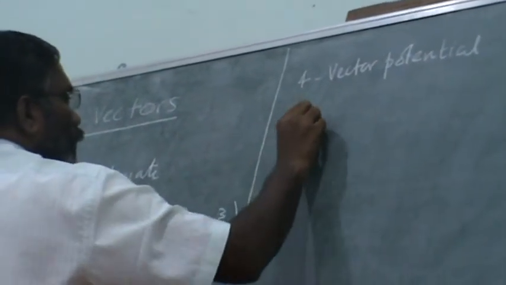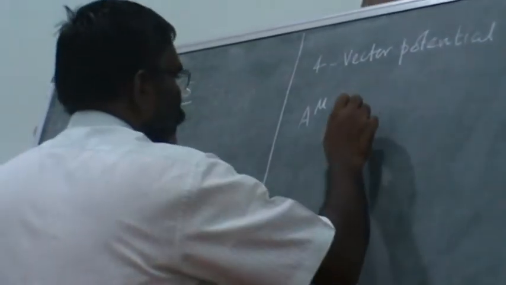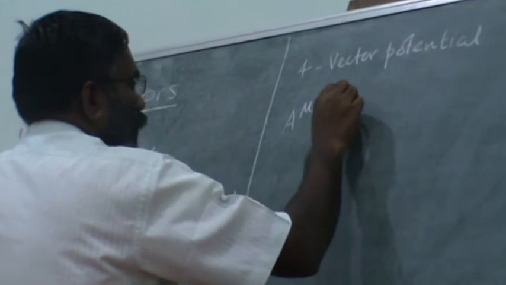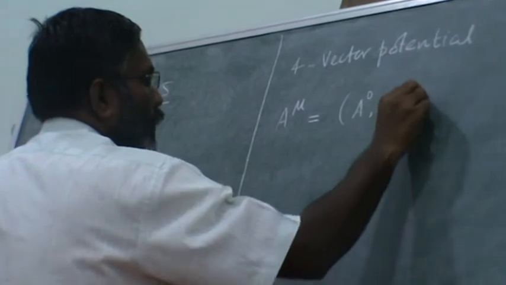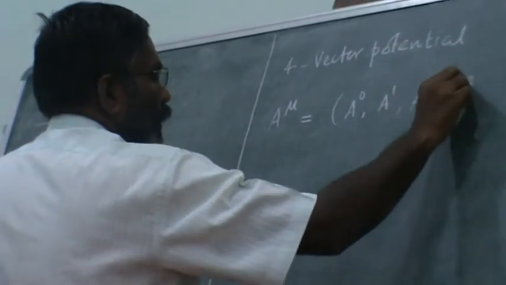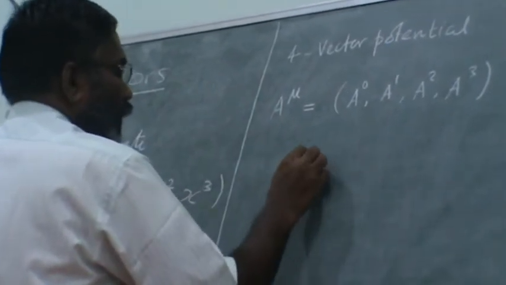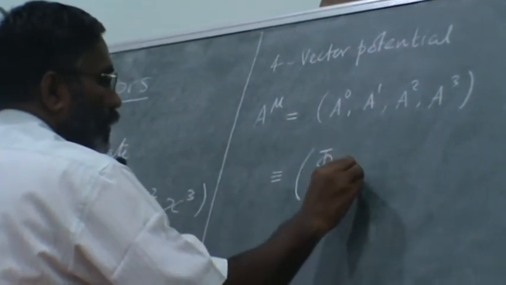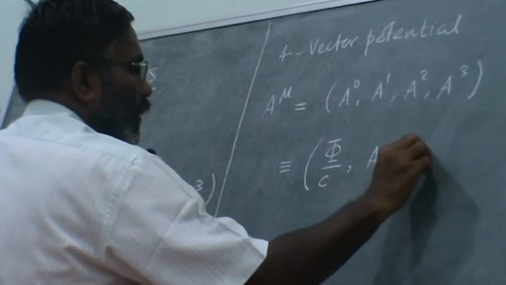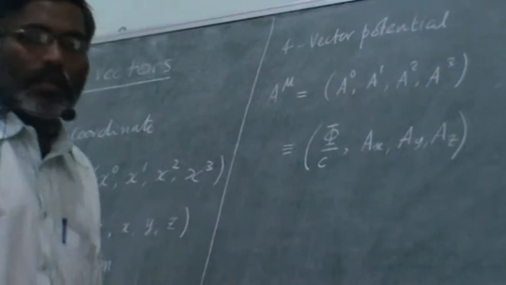A^μ is equal to A0, A1, A2, A3, which is equal to phi by c, Ax, Ay, Az, where phi is the scalar potential, and Ax, Ay, Az are the components of the vector potential.